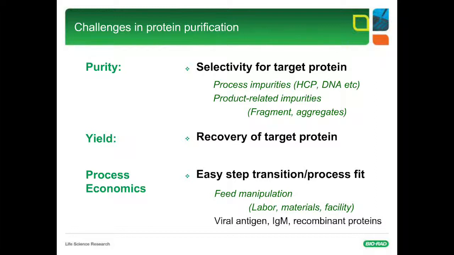And for the recombinant protein purification case, Nuvia C' offers you a lot of choices in terms of elution, allowing you to move on to the next purification step without manipulation of the feed. This saves your time and your cost on labor and material and facilities.